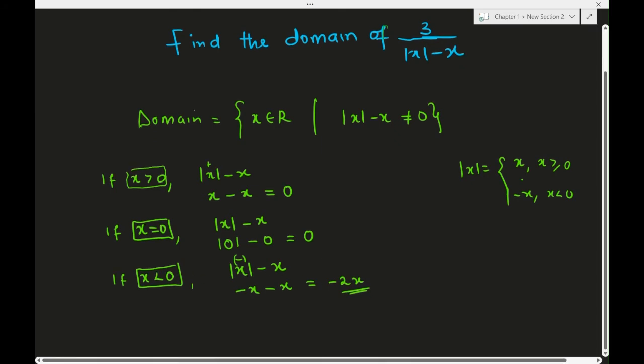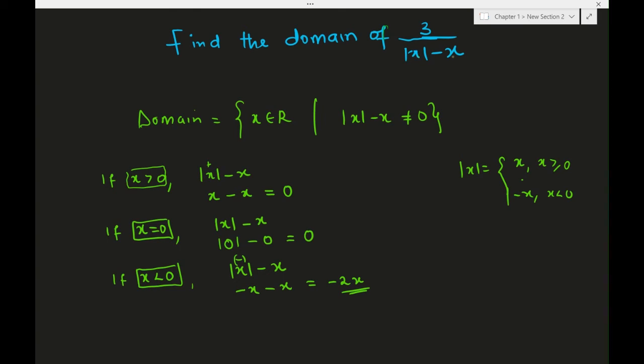It means that if we want to avoid having 0 in the denominator, we only need to take the x that are less than 0. So for any x less than 0, we are sure that we are not going to have 0 in the denominator.